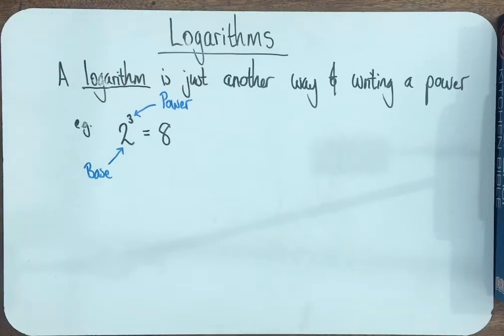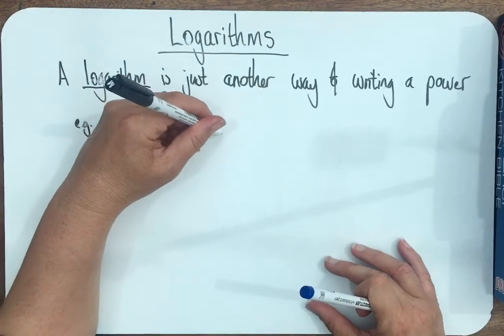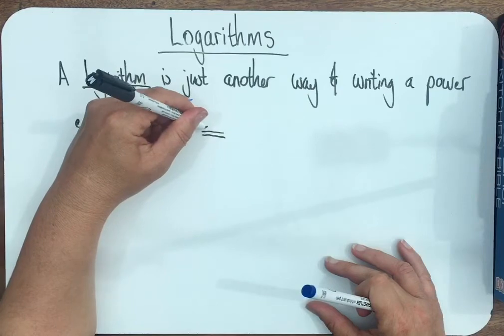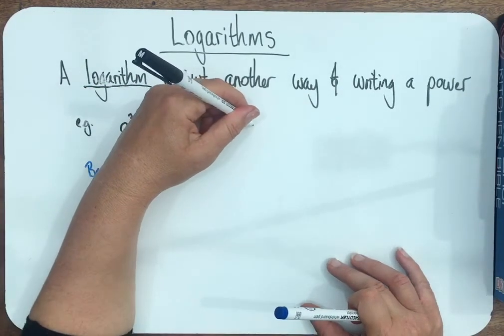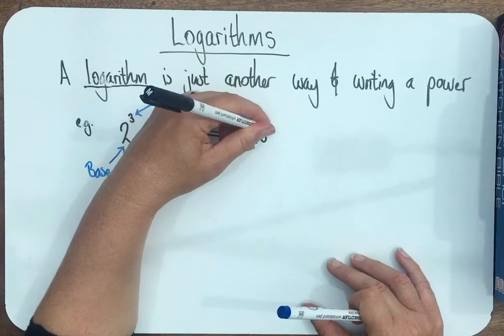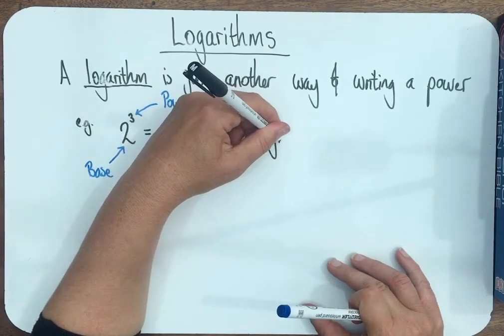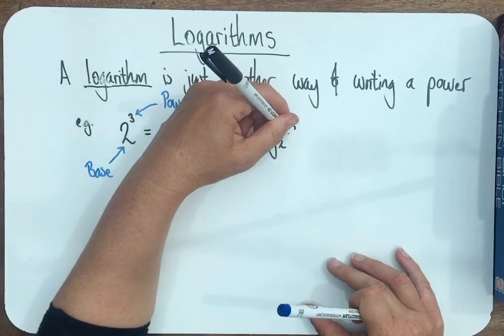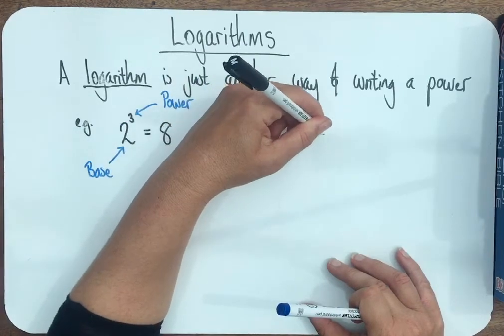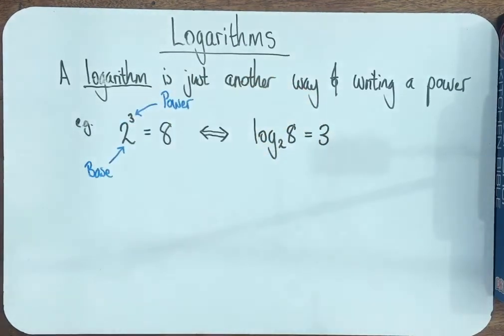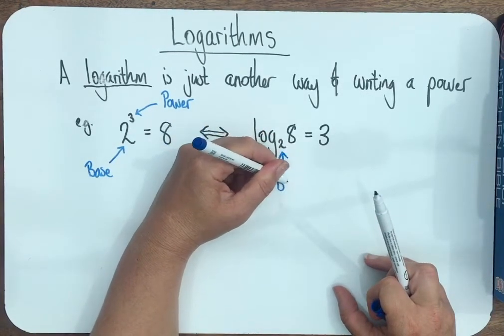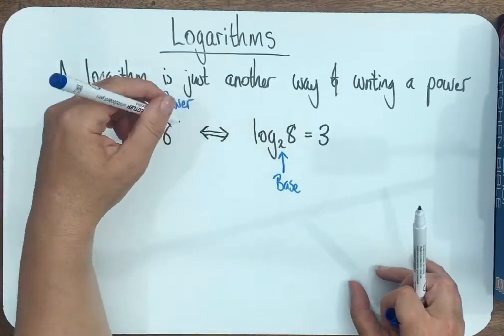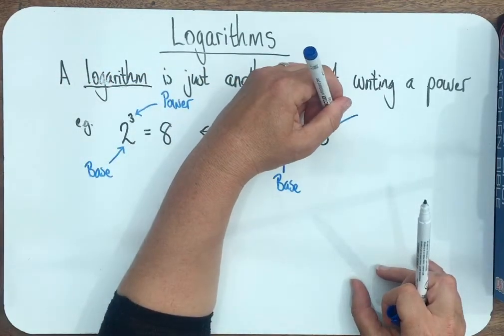And so this is exactly the same, so I'm going to do an if and only if symbol here to say mathematically these two things are the same as saying that log to the base 2 of 8 is equal to 3. So this is the base here of the power, and this bit here is the power.